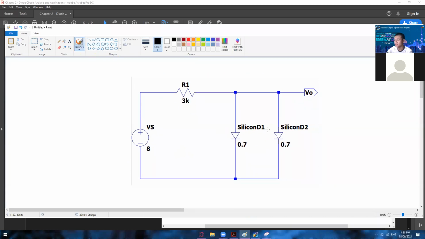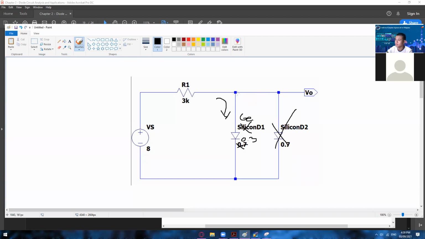If you guys don't have a question, then let me change the one diode. Let's say that this is not a silicon. Let's say this is a germanium. Here we can apply what we had in our past example a while ago. If we have a germanium here, this will become 0.3 volts. This one now has a lower voltage threshold. So in other words, all of our current will flow in here, and this one will become like an open circuit.